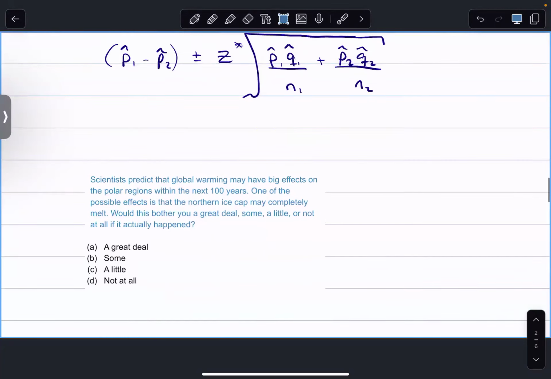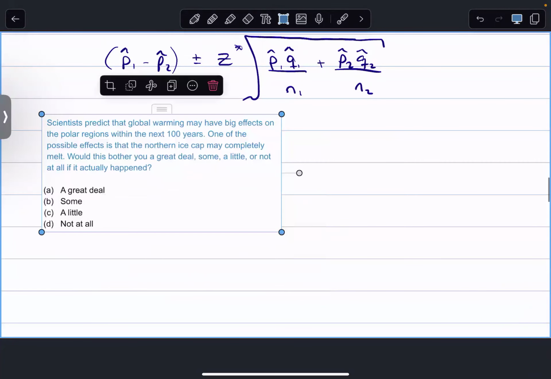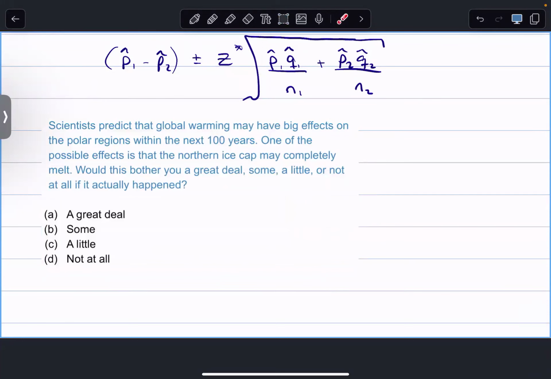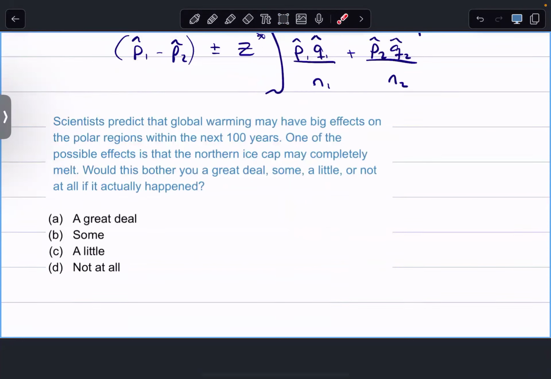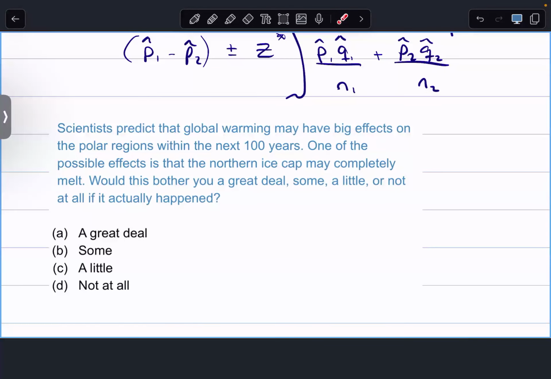So we're going to be talking about this example where there was a survey and they said, scientists predict that global warming may have big effects on polar regions within the next 100 years. One of the possible effects is that the northern ice cap may completely melt.